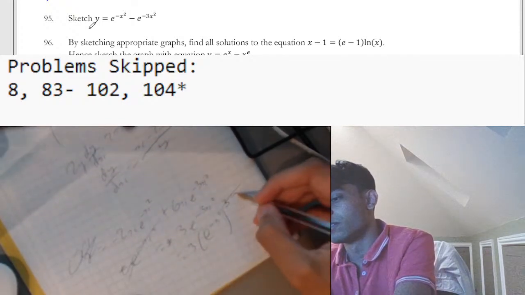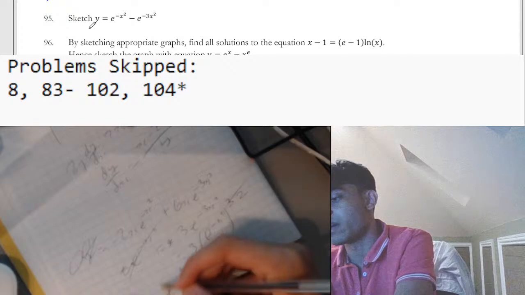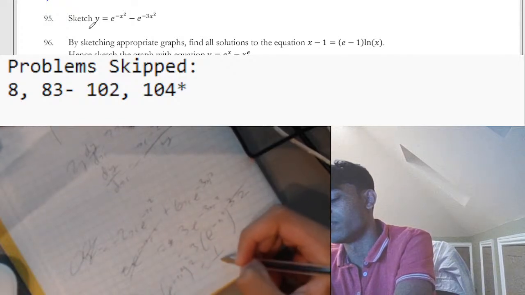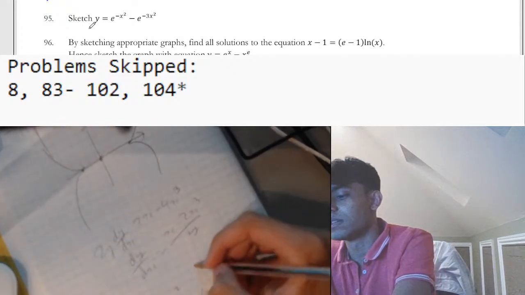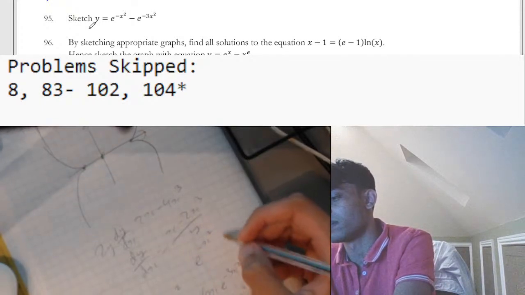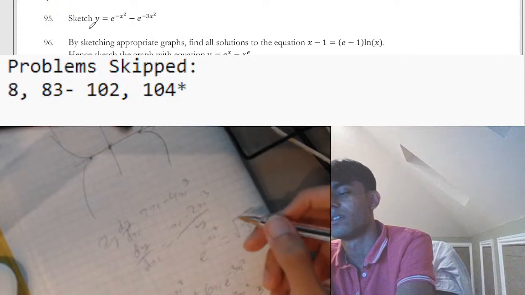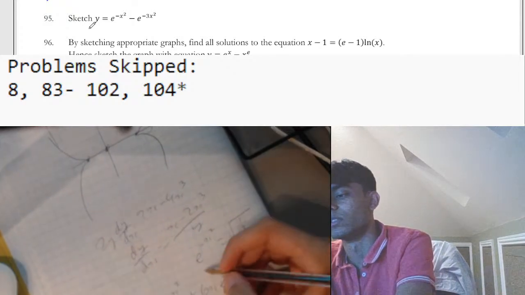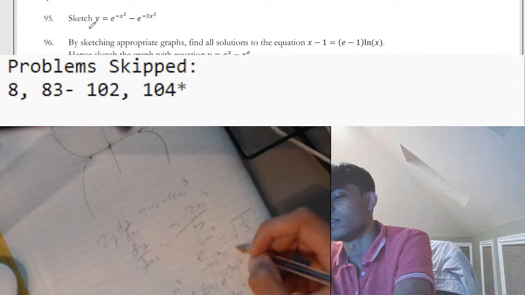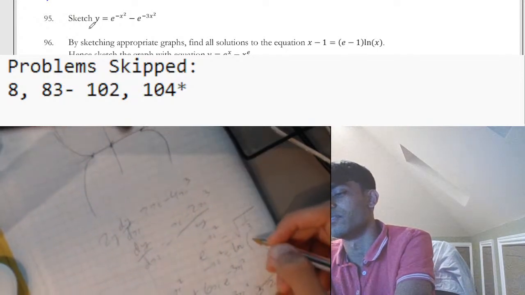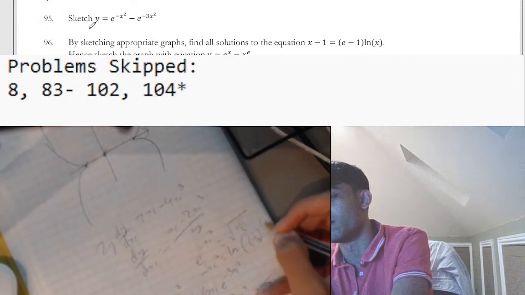So e to the minus x squared is 1 over 3. So e to the minus x squared has to be root a third because it's going to be positive. So you take the ln, so minus x squared is ln of 1 over 3 to the half.